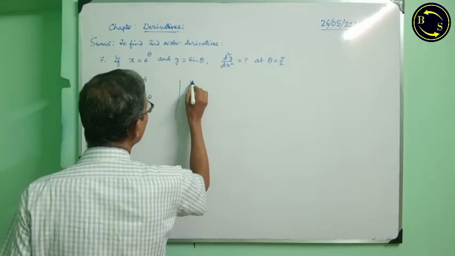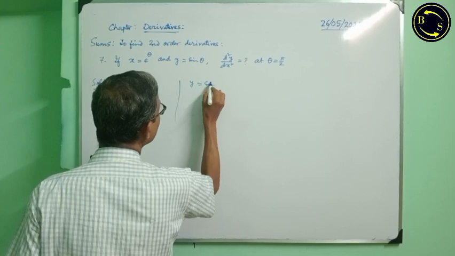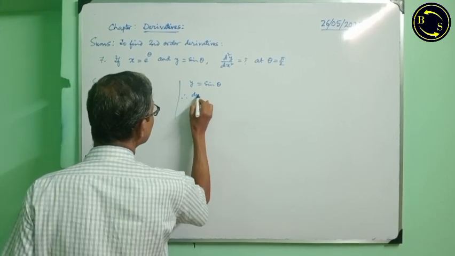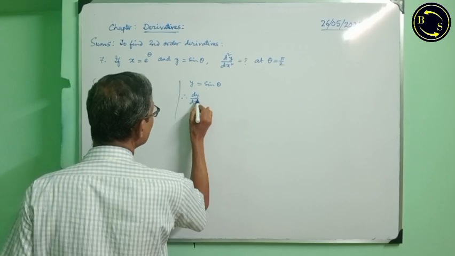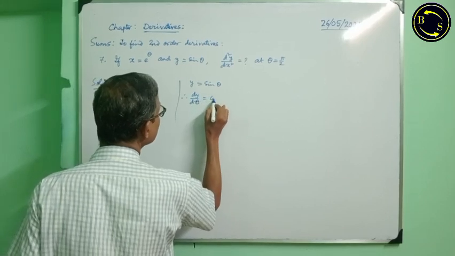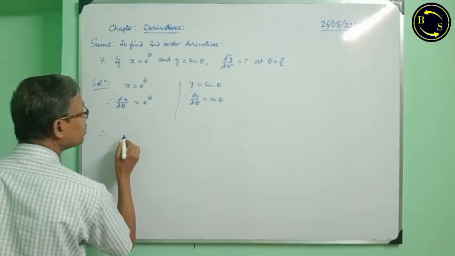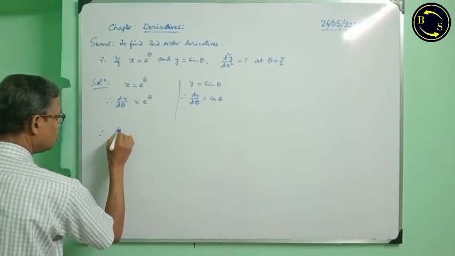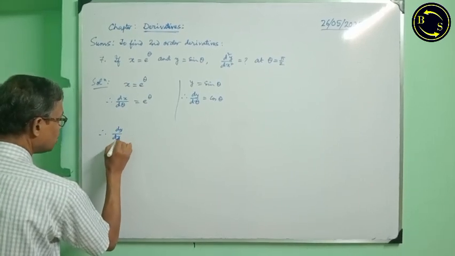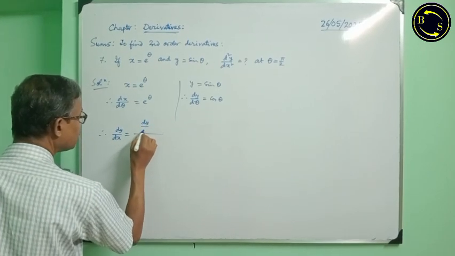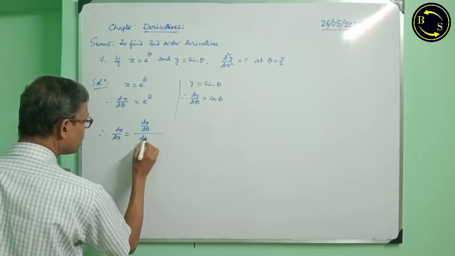Then y equals sin theta, therefore dy/dtheta equals cos theta. Therefore, we apply the formula: dy/dx is equal to numerator dy/dtheta, denominator dx/dtheta.